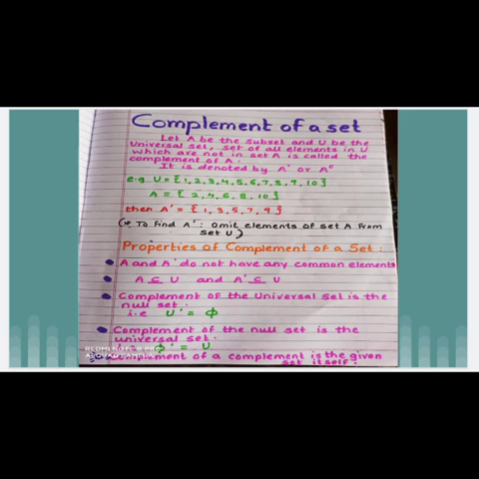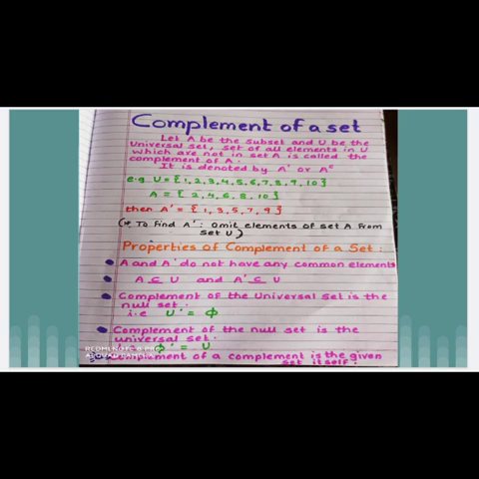Example, here we have universal set which contains elements from 1 to 10 and set A which contains elements 2, 4, 6, 8, 10. Now we need to find out the complement of A, that means A dash. So to find out the elements for the complement set, we omit the elements of A from the universal set.